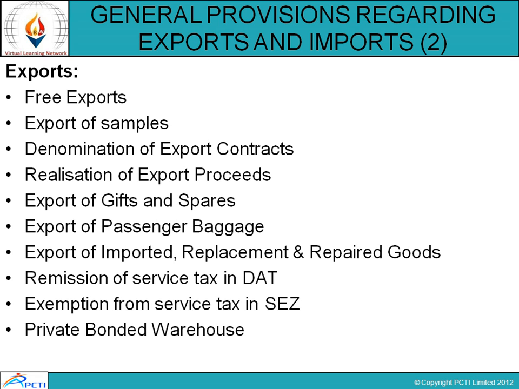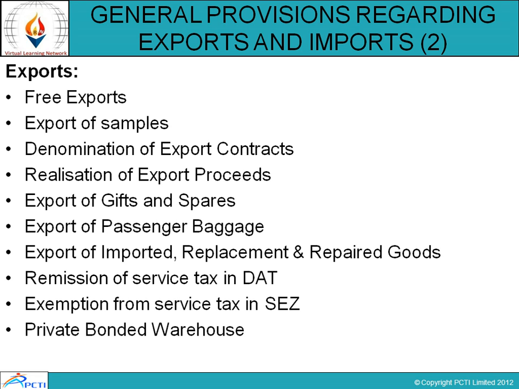Then export of imported goods, replacement goods and repaired goods. Goods imported in accordance with this policy may be exported in the same or subsequently the same form without a license. No certificate, permission or authority is required, provided that the item to be imported or exported is not mentioned as restricted from export or import.